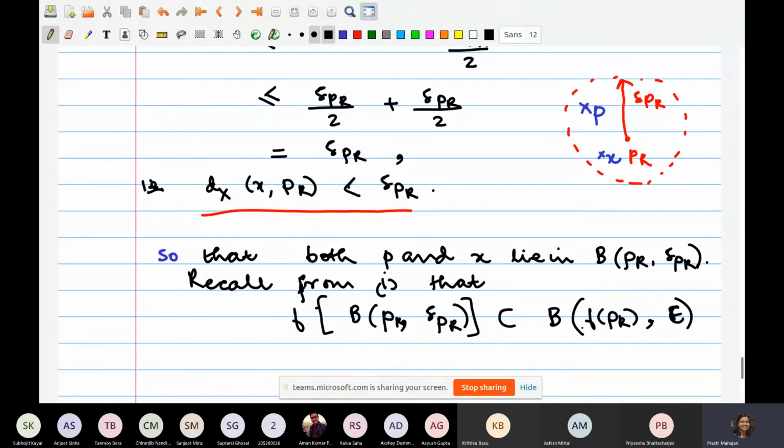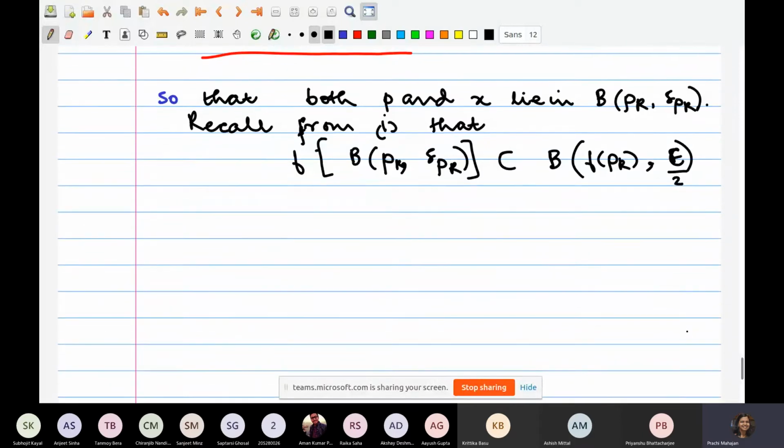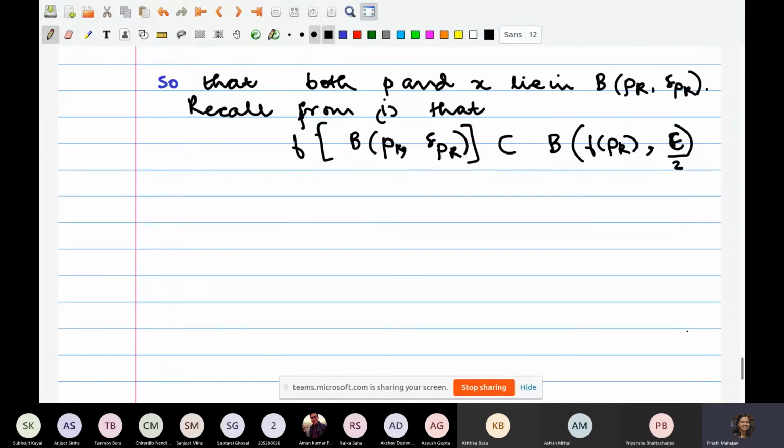Yes, is that correct? And in fact, I had an epsilon by 2 there. So just recall statement 1 here, which means that it follows that.